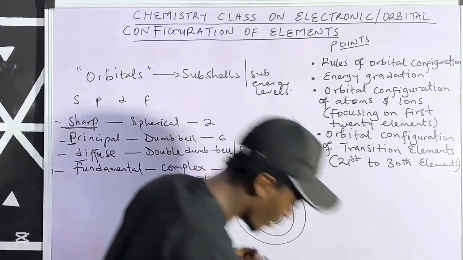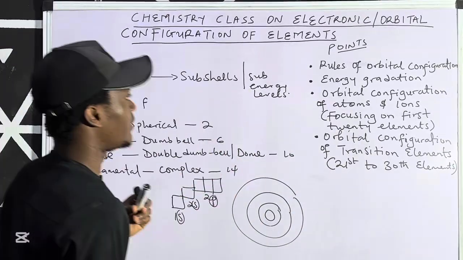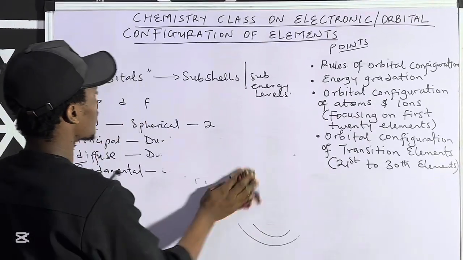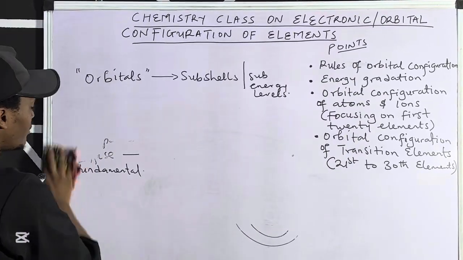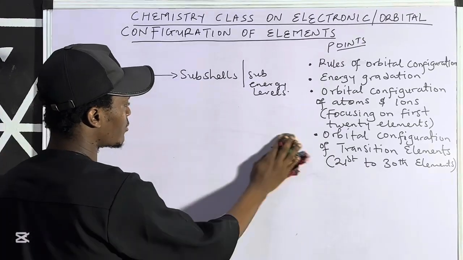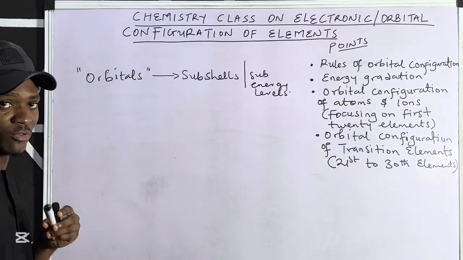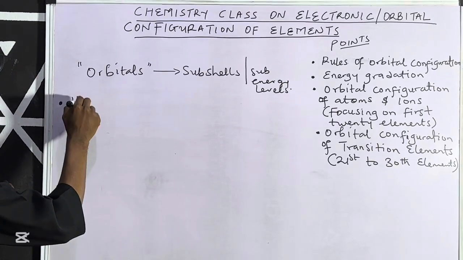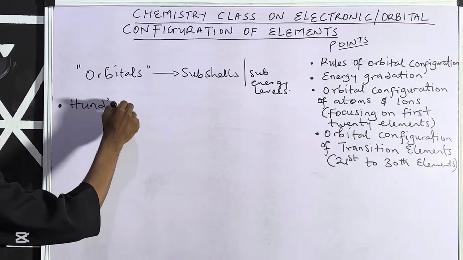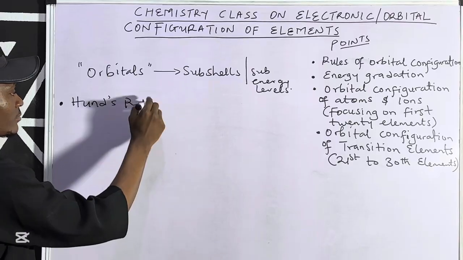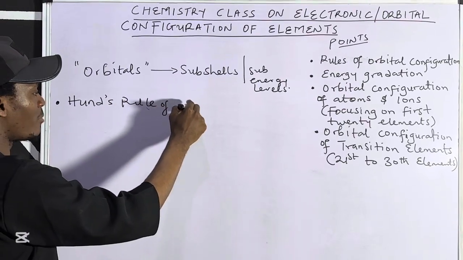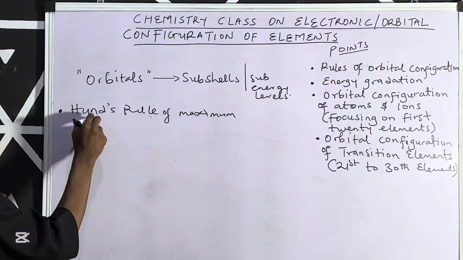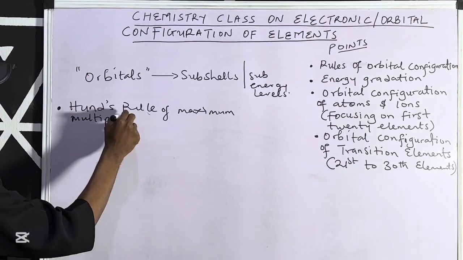So on the board, the first point there happens to be rules of orbital configuration. So what are some of the rules that we must obey when we want to get the correct orbital representation of elements? There are about three main rules. And what are they? We have Hund's rule of maximum multiplicity.